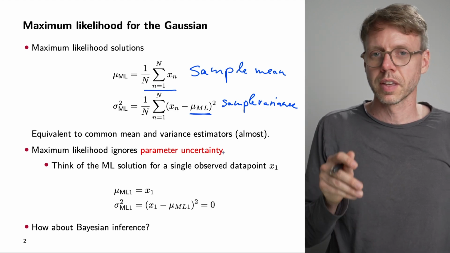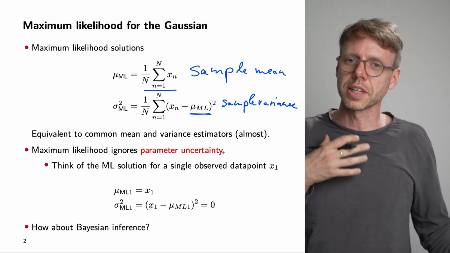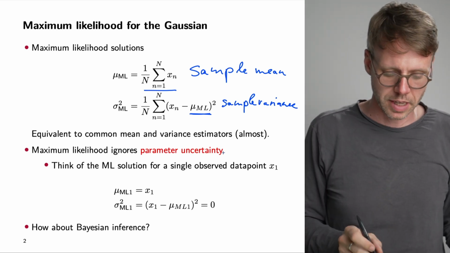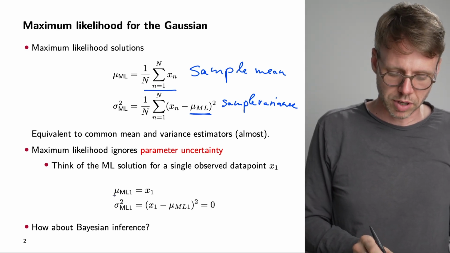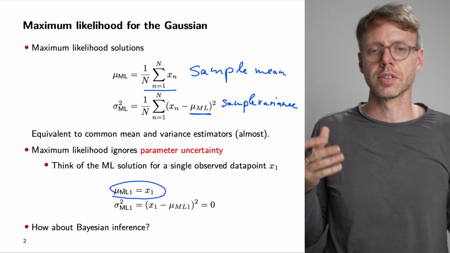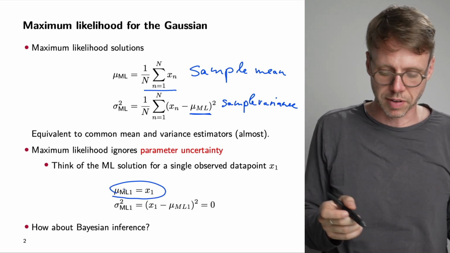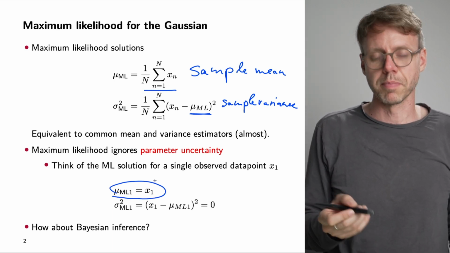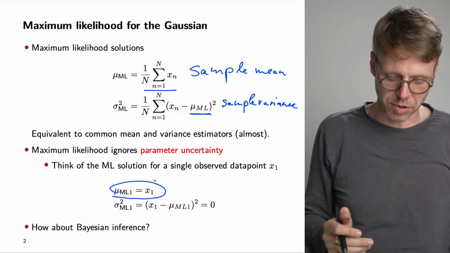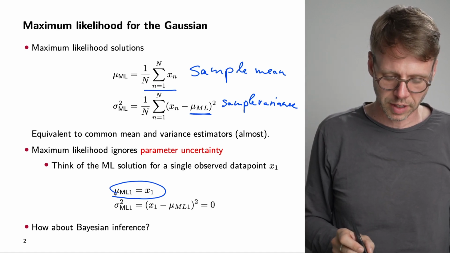It starts already if we had only a single data point. In the case of a single data point, the mean would be just this data point itself. So it's 1 divided by 1. The sum over all these data points is just one data point, so it's itself.